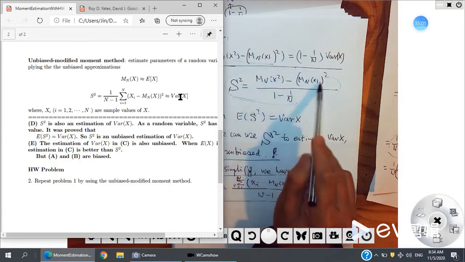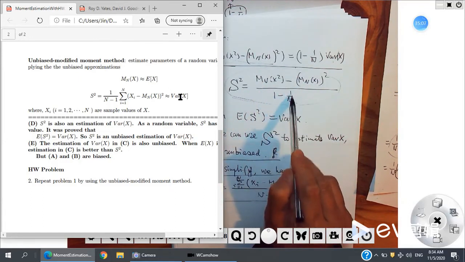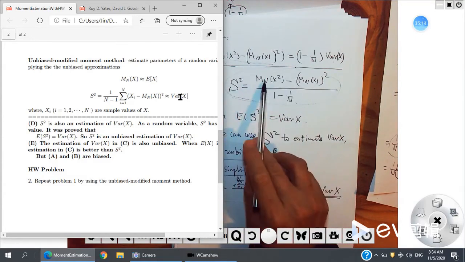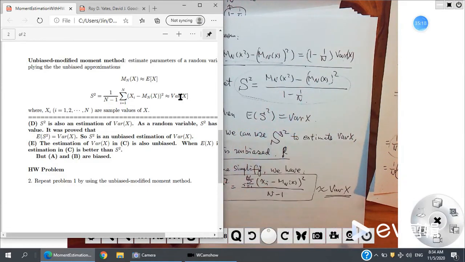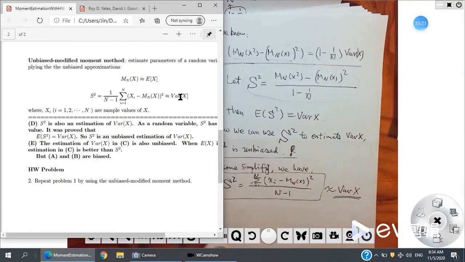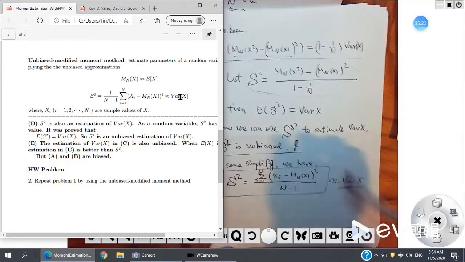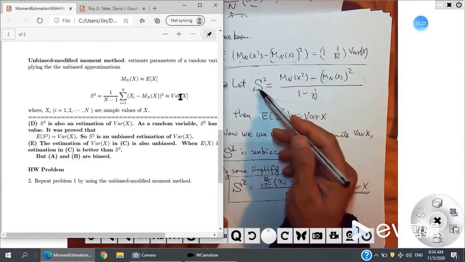I use this one divided by 1 minus 1 over n. So this is a modified one, right? If we use this, this is directly from the moment method, and now we divide it by this number, I get S squared.